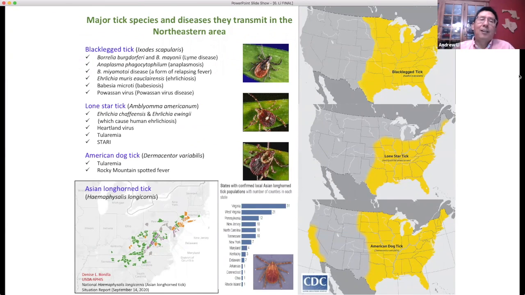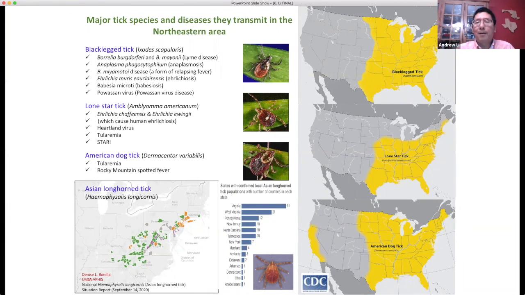Just for those who are not familiar with the tick issue we have in the Northeastern regions, we have three major tick species in the area affecting human health: the black-legged tick, the lone star tick, and the American dog tick.